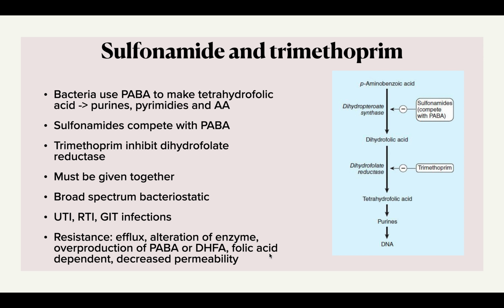So in these bacteria, usually the bacteria have to make the folic acid. That's the point of the PABA, and that's the point of DHFA. But those who rely on the folic acid from the host cell can actually just use the host cell's folic acid, make the purines and the bacterial DNA. So there is not going to be any real use for the sulfonamide and trimethoprims.